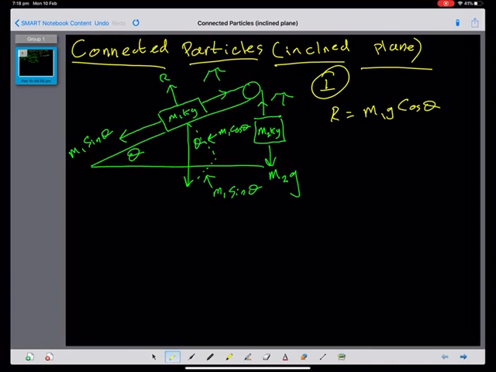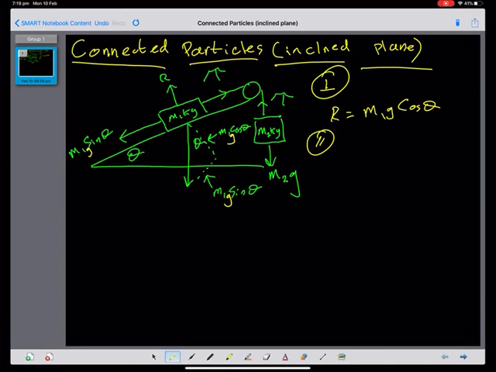There needs to be a g in here. That is perpendicular to the plane. There's no movement, so we're not going to use that very much.